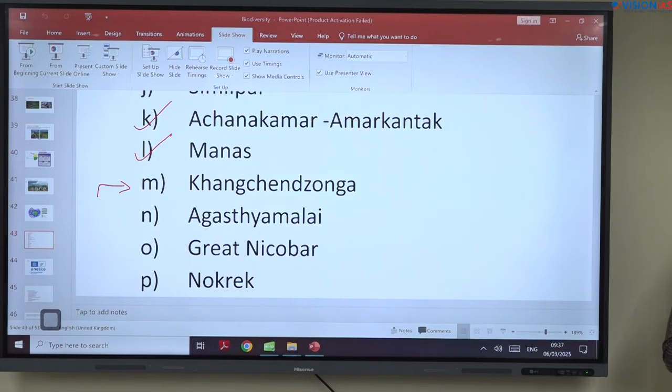And a place which has got combination of both, that comes under mixed category. So from India, only one World Heritage Site comes under mixed category, Kanchenjunga. It has got some natural significance, it has got some historical significance.